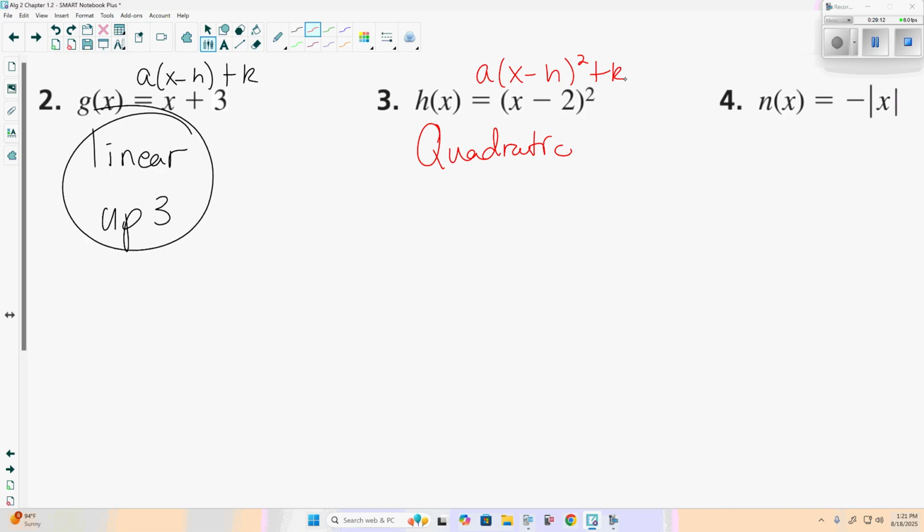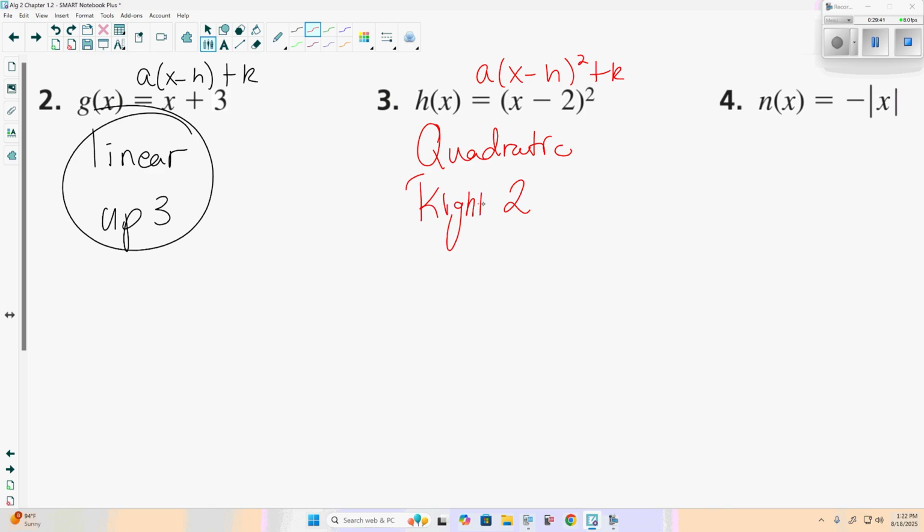There's nothing being added outside the parentheses, but we do have that x minus 2. That minus 2 is connected to our h, which means we're moving to the left or to the right. How far are we moving left or right? 2. Now the question is, are we moving to the left or to the right? Almost to the right.